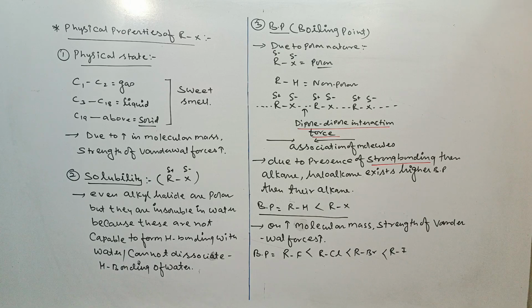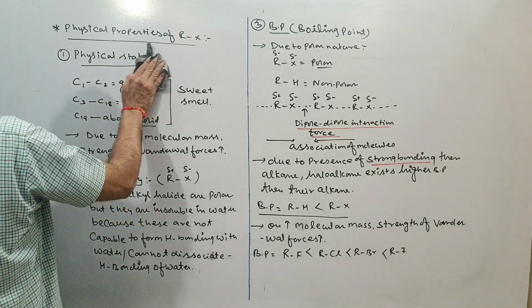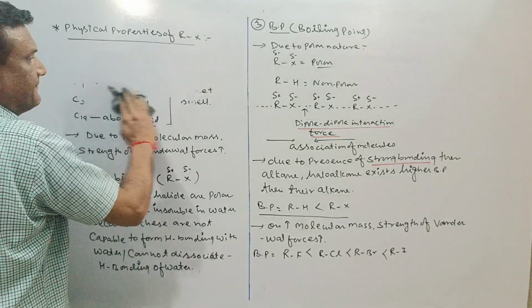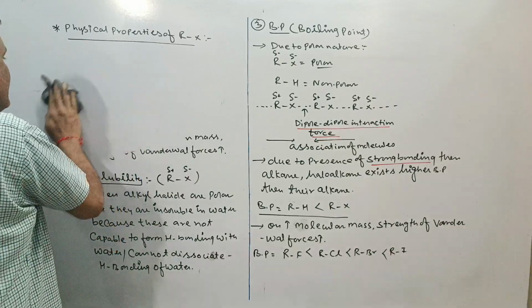Read the matter properly, otherwise it will be a great mistake by you. Now for the different alkyl groups, what will be the sequence regarding boiling point?